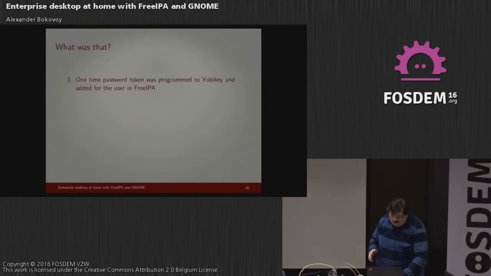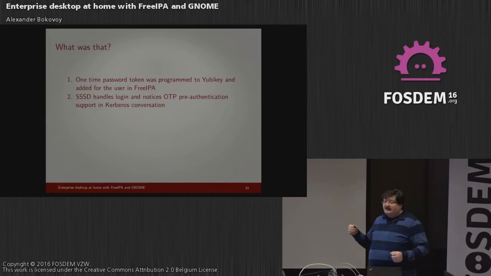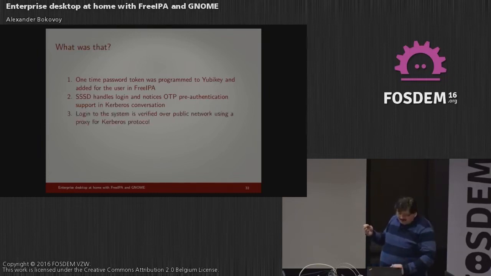What I have now is a one-time password token on a physical hardware YubiKey, and I added it, associated with myself, in my FreeIPA environment. Then SSSD handled the login, noticed that the Kerberos server said it needs more data, and passed this information through the PAM stack to the actual application. In this case, it's GDM, but it would work exactly the same for any other application that uses the same PAM stack.